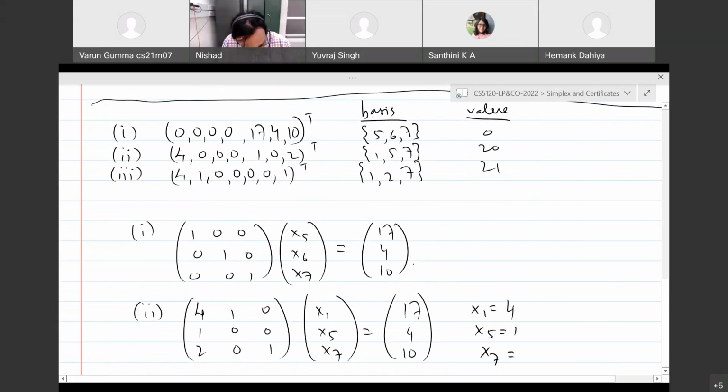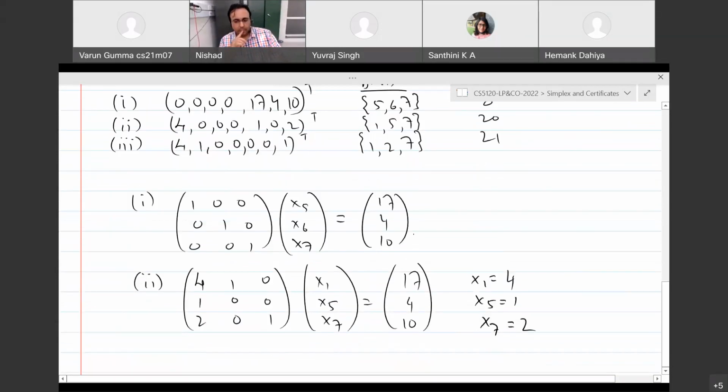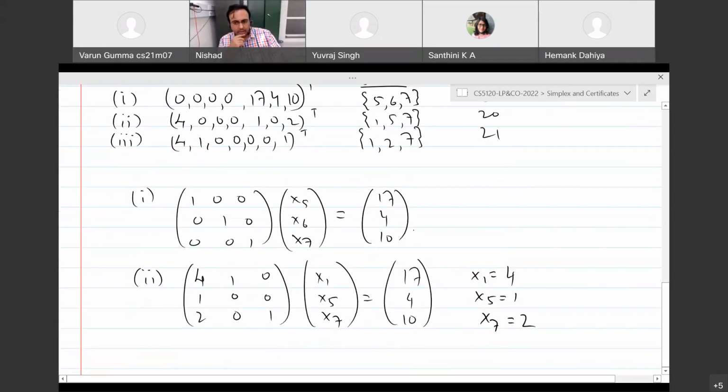Sorry, 2. Okay, you can plug it in and check. If you plug in 4, 1, 2, you get exactly 16 plus 1, 17, and so on, right?